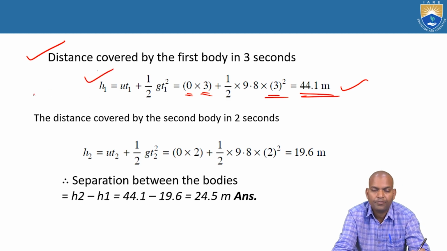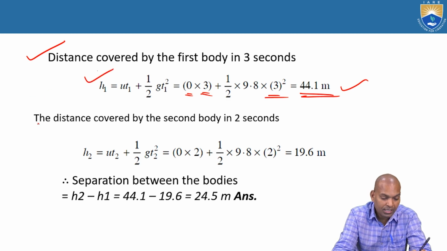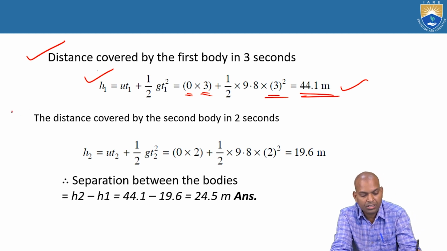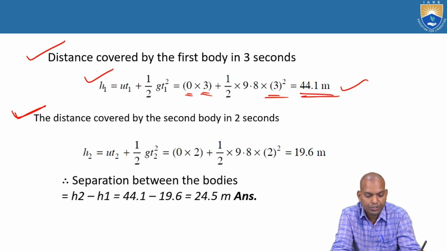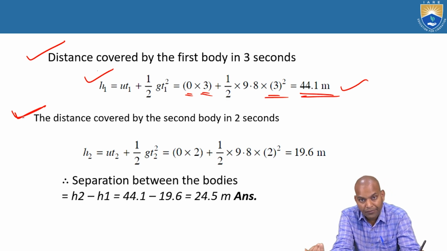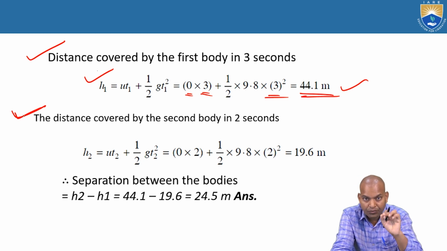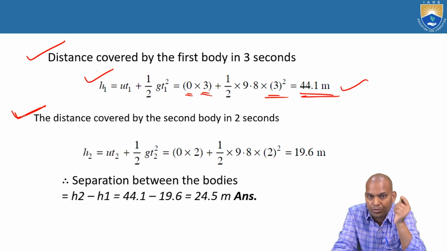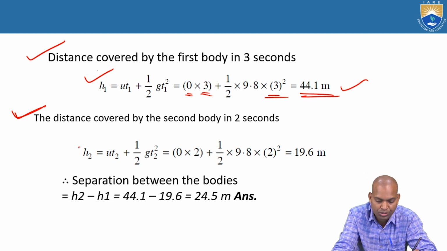That is h1. Next is the distance covered by the second body in 2 seconds. The second body was released 1 second after the first body, that's why it is 3 minus 1, 2 seconds.